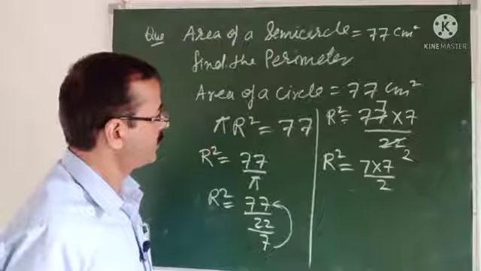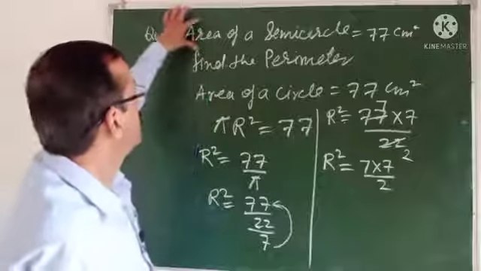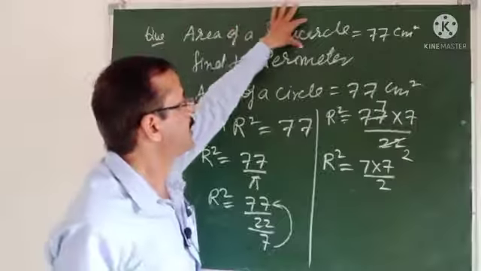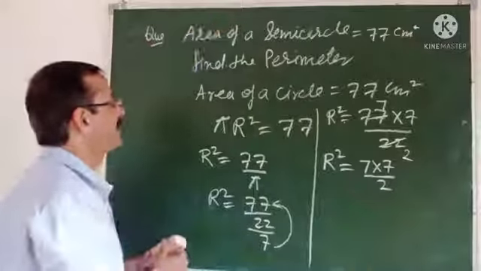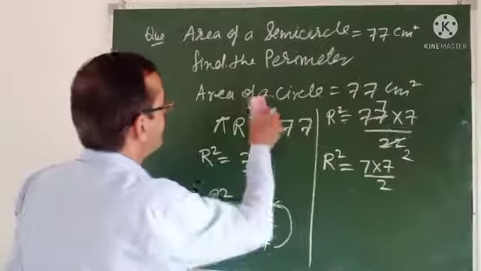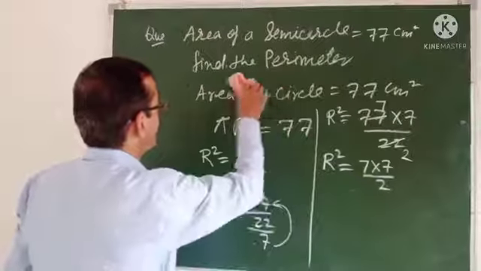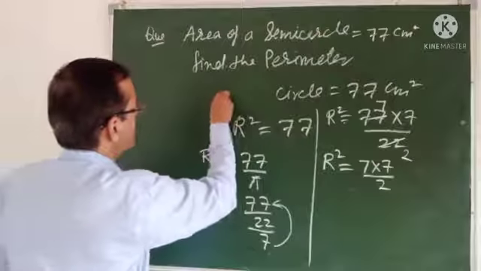Something is missing, because a square root will come. Oh students, here semicircle is written, a blunder fault here. That should be the area of a circle, not the area of a semicircle. The area of a semicircle is given.